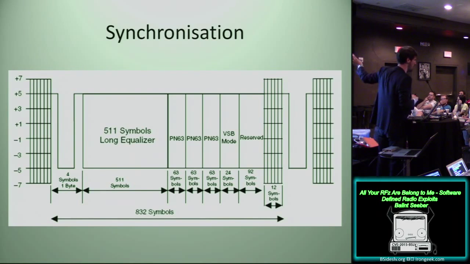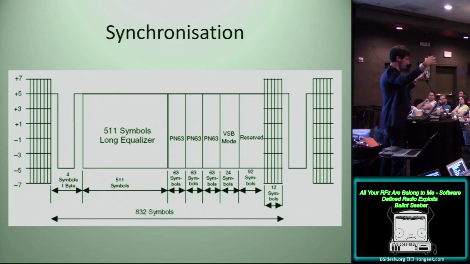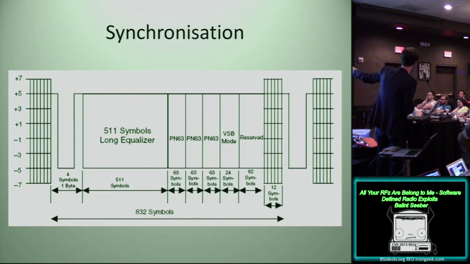What an equalizer does is it undoes that effect, so it does its best to cancel out these other signals that come in, and you just get the one stronger signal going into your television, and then it decodes. But it has to have some fixed training sequence to compare against, and that's what's in this 511 symbol long equalizer sequence.